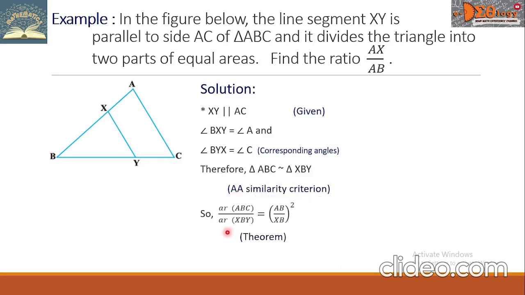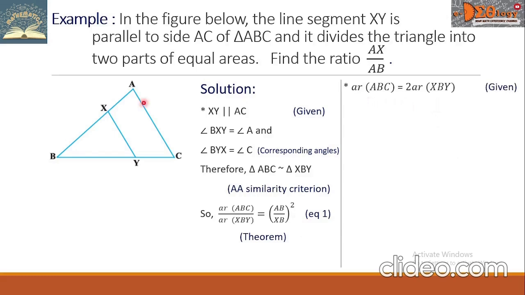So, by the theorem, the area of the triangle ABC over the area of XBY is equal to the side AB over the side XB, and that is squared. Let this be equation 1. Now we have another given.